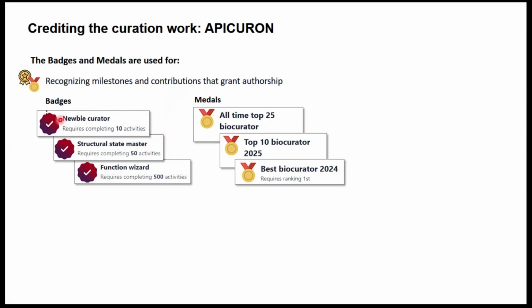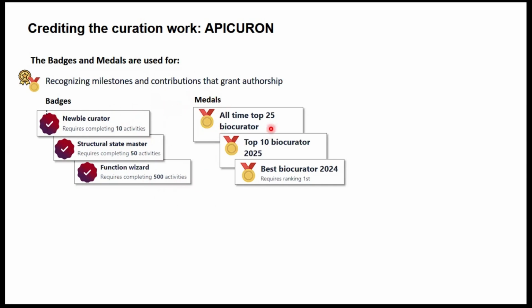So among the variety of badges, you can find Newbie Curator. It's a badge you will earn when you've done 10 new annotations, or Structural State Master, when you conduct 50 annotations based on structural states, or Wizard, if you are very good at adding function annotations and you add 500.